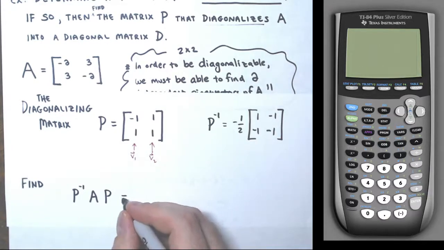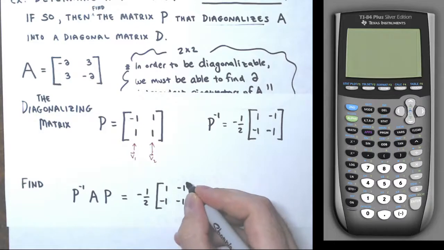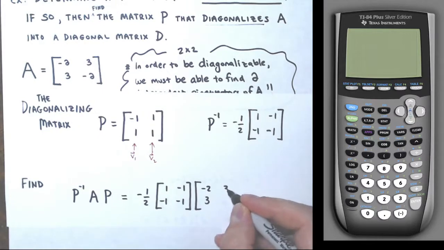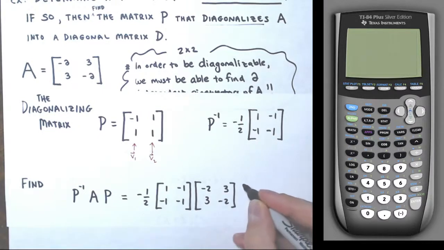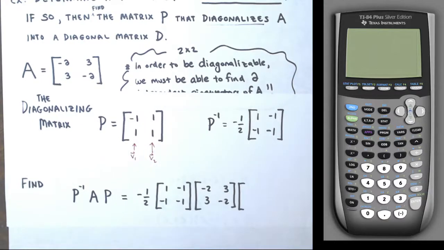So let's see what this is. We have -1/2 times the matrix 1, -1, -1, -1. There's P inverse. Matrix A is what we started with, the -2, 3, 3, -2, times matrix P, which is made up of those independent eigenvectors as columns, -1, 1, and 1, 1. Matrix multiplication is associative, so I'll do these two first.